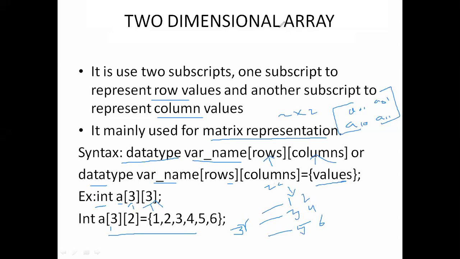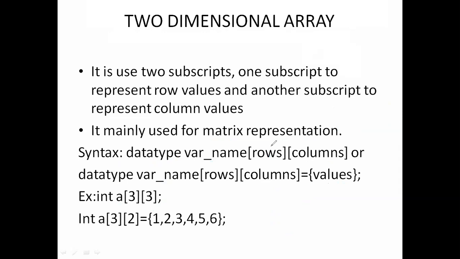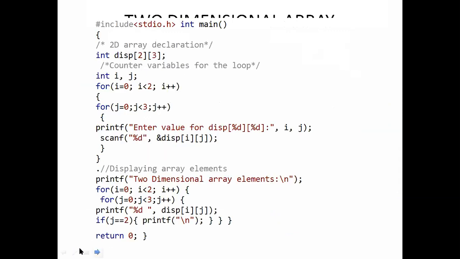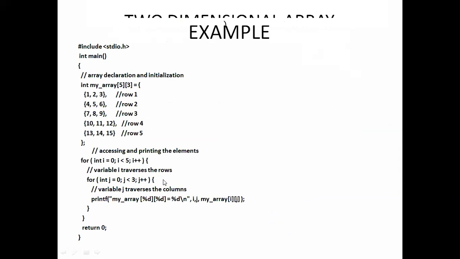Any doubt? So see the program here. First see this program, then we will walk through the program. Here I include the header and take the main function, then open the bracket.